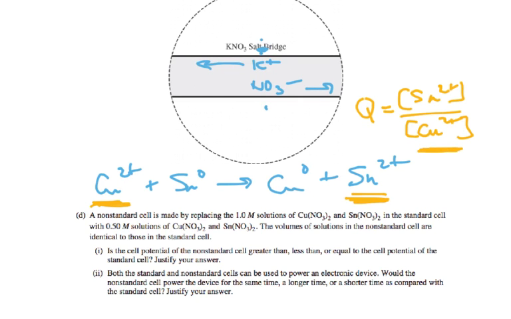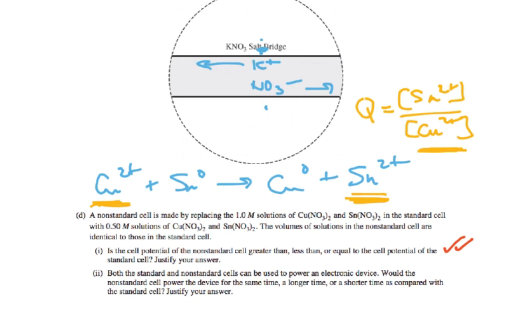So, which way is the equation going to shift? Well, Q versus K, but since Q is not even changing, there's going to be no shifting. It's not going to drive the reaction forward, it's not going to drive the reaction in reverse. Now, here is a bad thing to tell kids to say, and this is something I have to stop myself from doing: don't do Le Chatelier's principle.